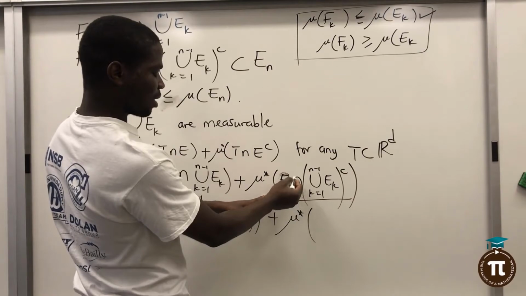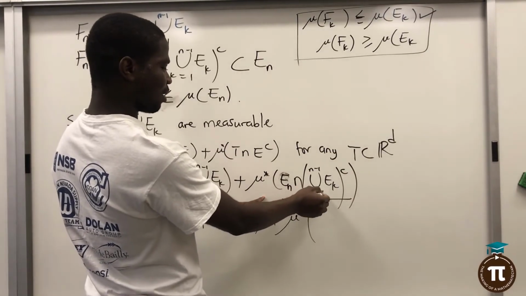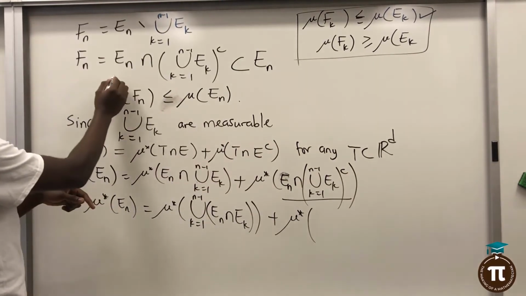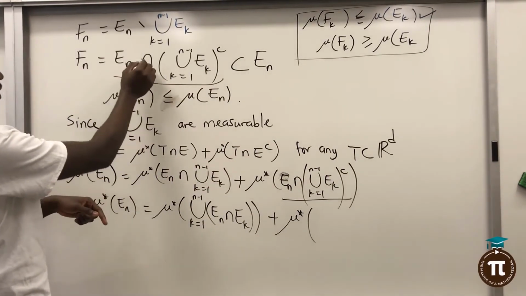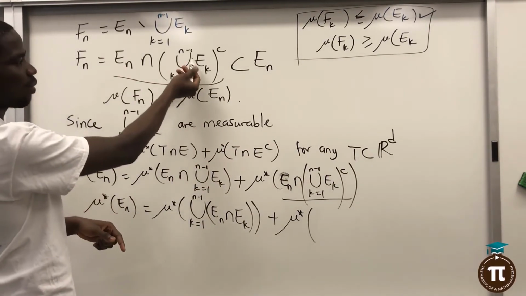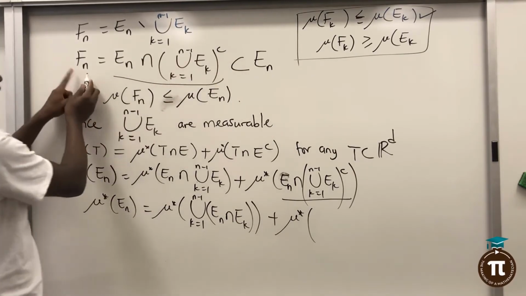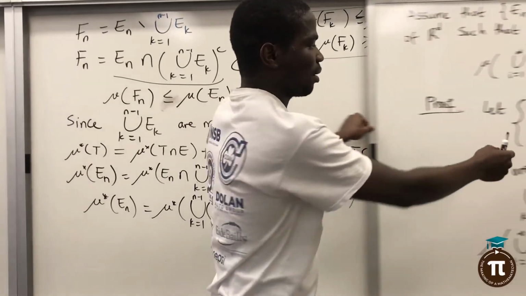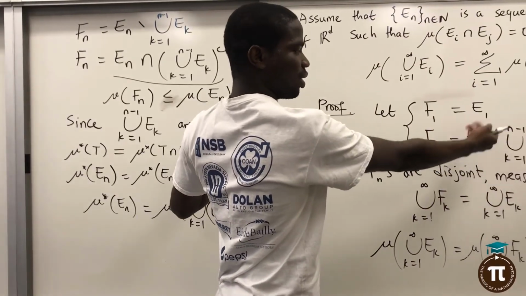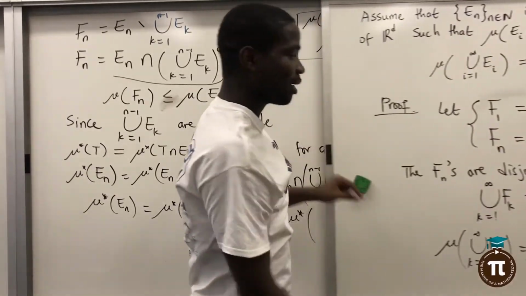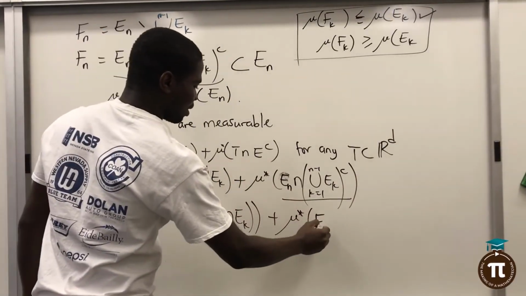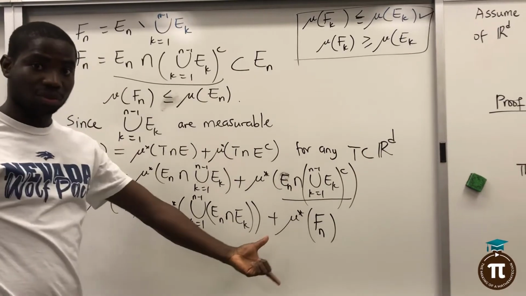E_n intersection the union, k from 1 to n minus 1, of E_k, all complement. That is exactly how we define our F_n. E_n intersection the complement of the union. So now this is exactly F_n.